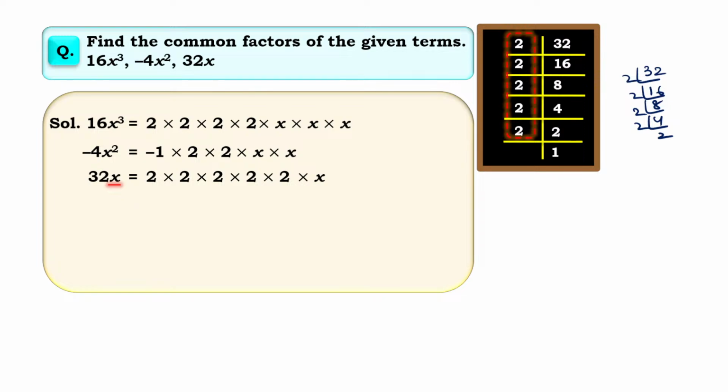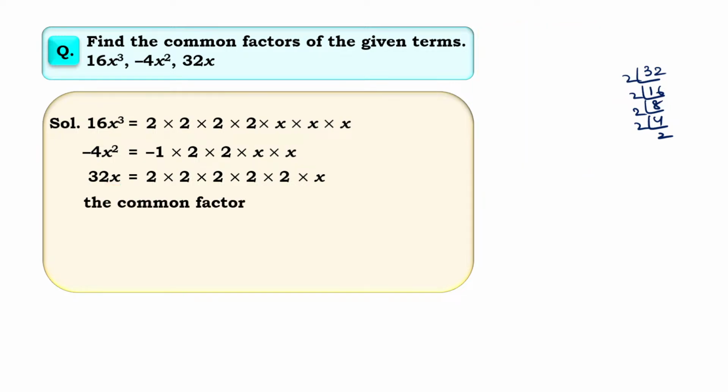Now let us identify common factors. 2 once, 2 again. There is one x common factor because only one x appears in common. So one 2 is common, then we have a second 2 common. Then we have a third 2, but there are 3 2's in the first term, but there is no third 2 in the second term, so we cannot take it.